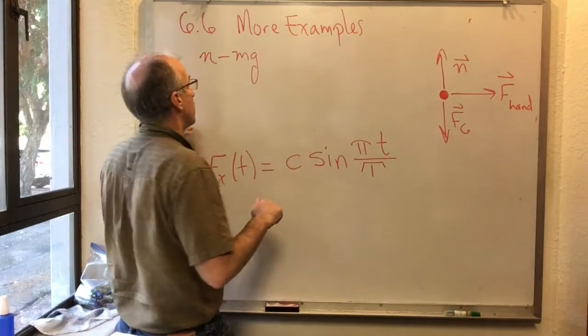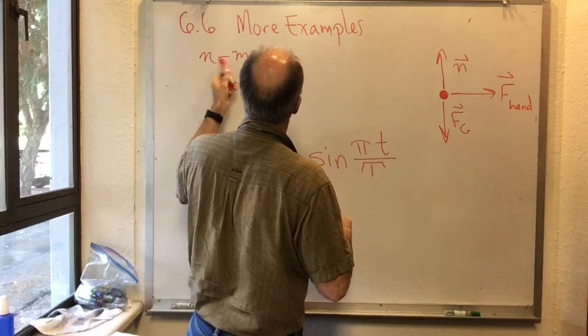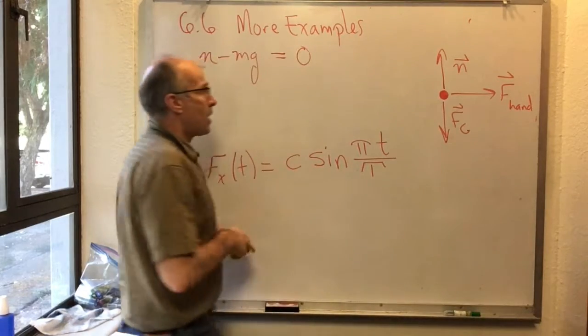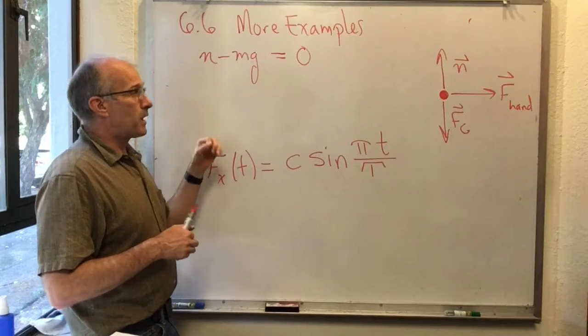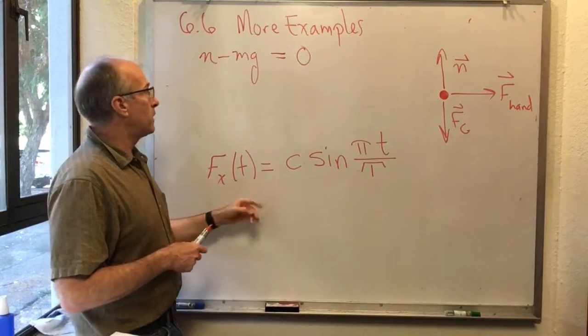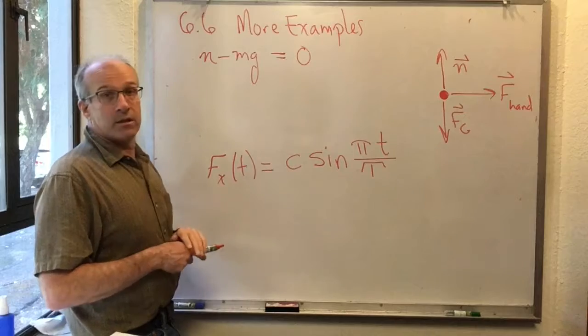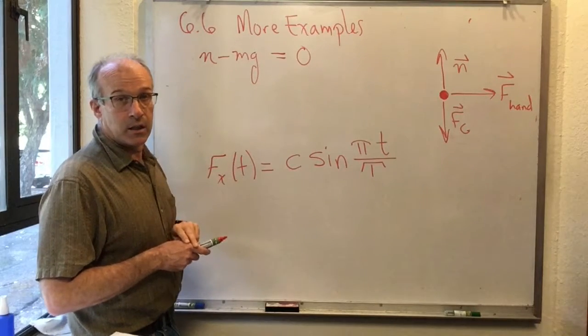So there's no acceleration in the y direction. So we have n minus mg is 0. And since the force of the hand doesn't depend on anything, it's just given, this equation doesn't really tell us anything interesting in this problem.